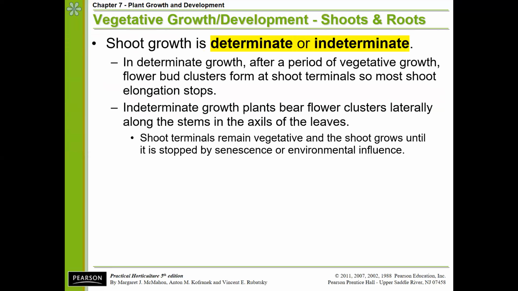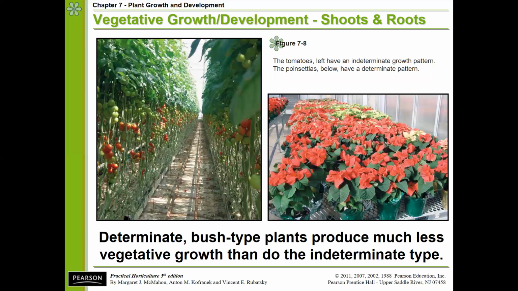Real quick, the difference between determinate and indeterminate growth. All shoot growth is either determinate or indeterminate. We've got examples pictured here, and we can talk about some more. The tomatoes on the left, these cherry tomatoes being produced in a greenhouse, have more of a vine-type growth. It is indeterminate. They continually grow. However, not all tomatoes are like that, right?